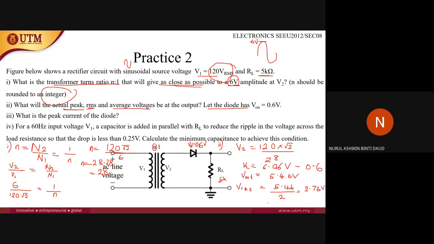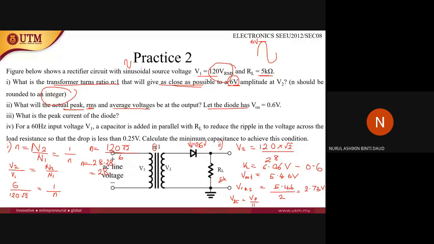So the average voltage at the output, so VDC, yeah? VDC will be V peak divided by pi. So V peak is this value, right?